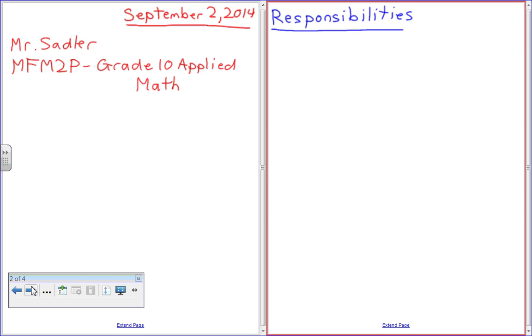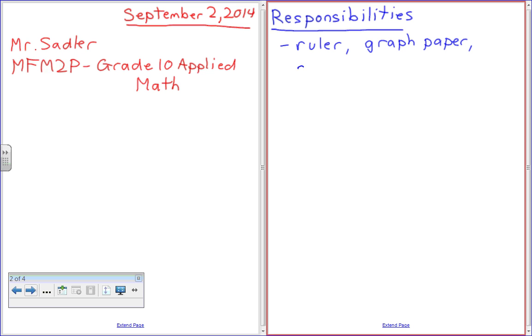What you're going to need for this course as far as materials are a ruler, which you can pick up yourself or buy from me for about $2, some graph paper, which you can get from me for $2 or buy yourself.